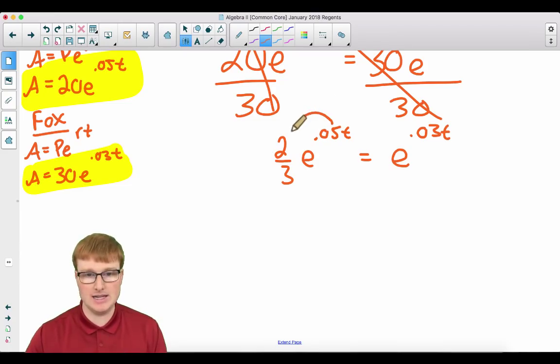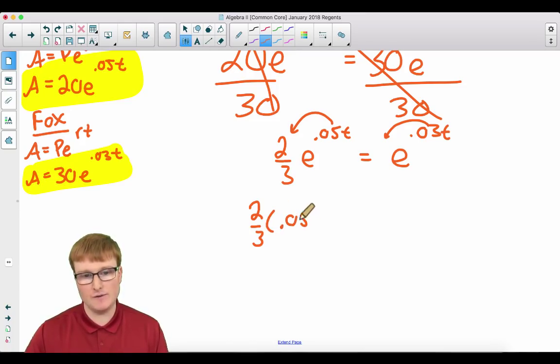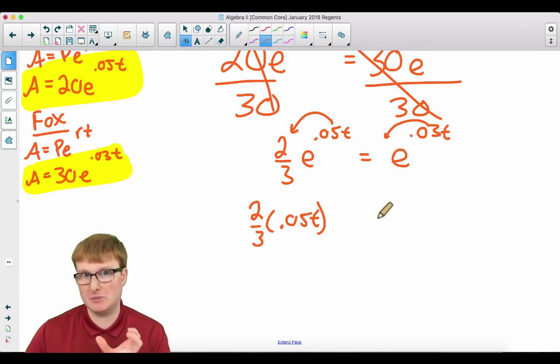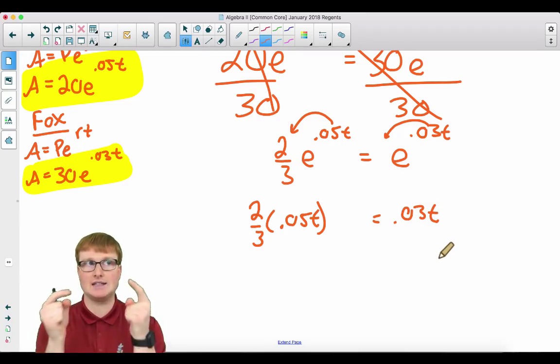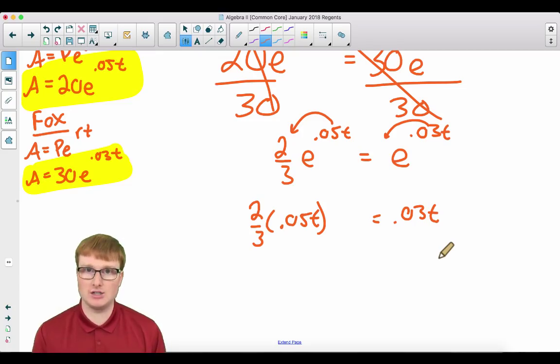Let's go ahead and bring this t down. So we get 2/3 times 0.05t, and I'm going to leave a little blank space there for a second, and this is equal to 0.03t. Now, when you bring down an exponent with a variable in it, I say this every time, you have to write the word log or natural logarithm.